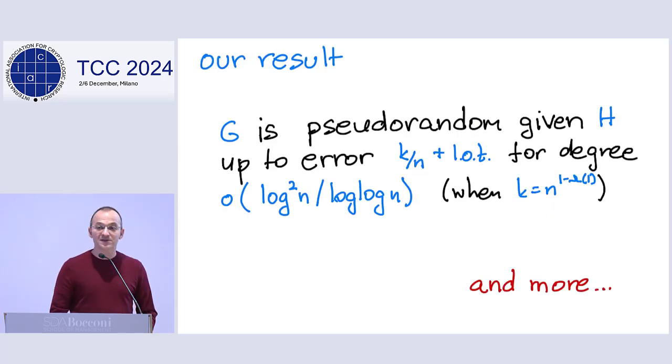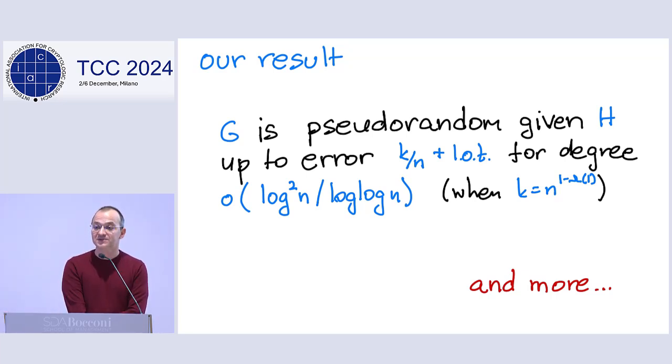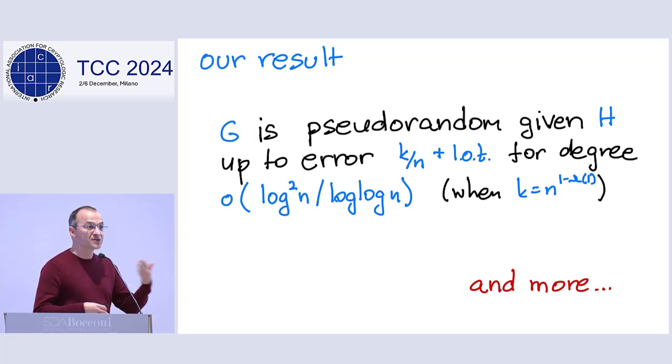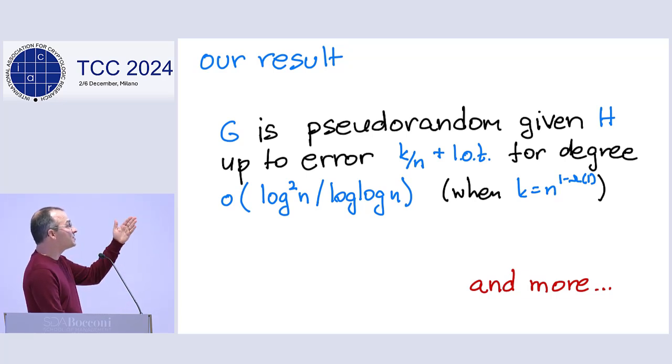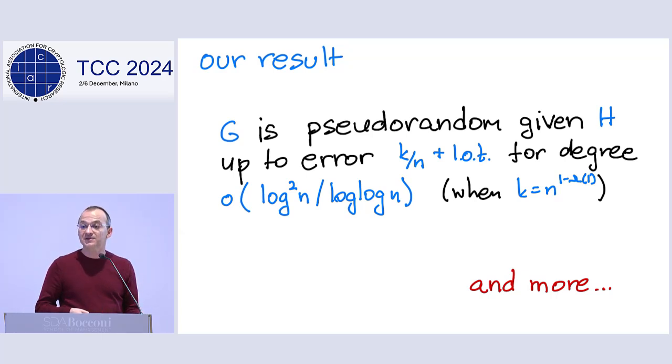And our main result is that we confirm this intuition in the framework of low-degree analysis. We show that if the distinguisher is a low-degree polynomial in this low-degree framework, then indeed G is pseudo-random given H up to error about k over n, which is what the error would be for the edge counting distinguisher.